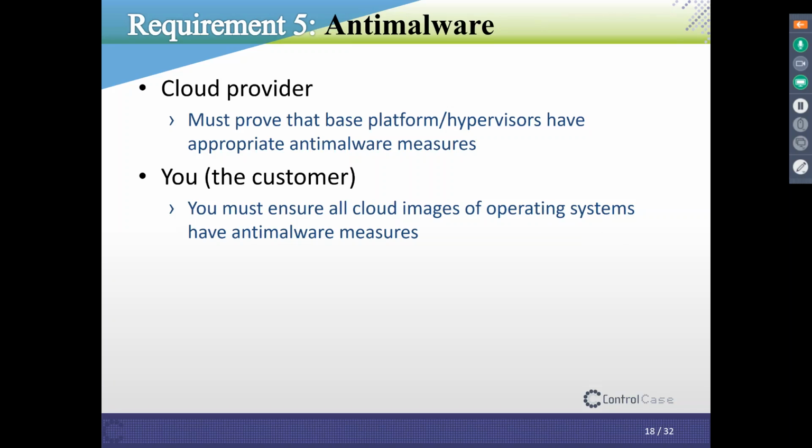When you look at it from an anti-malware perspective, the cloud provider must ensure, as I mentioned earlier, that the base platform or the supporting infrastructure have anti-malware installed on their side. So whether it's antivirus or anti-malware, their internal infrastructure that supports the hypervisor needs to be protected against malware.